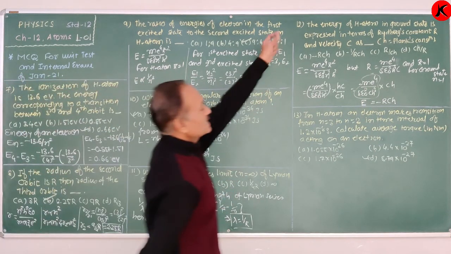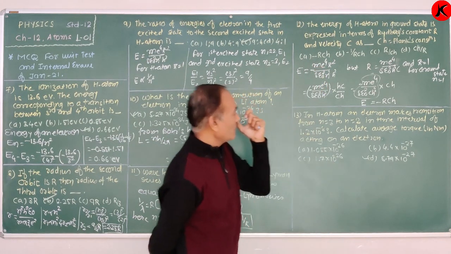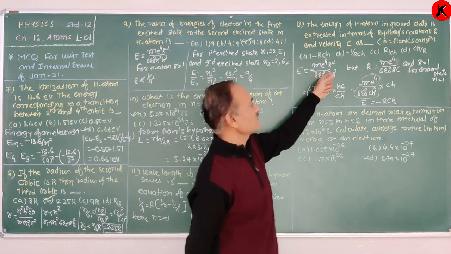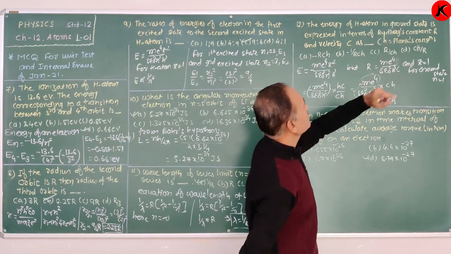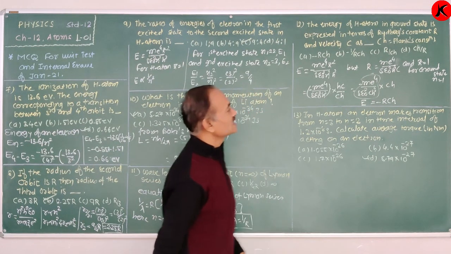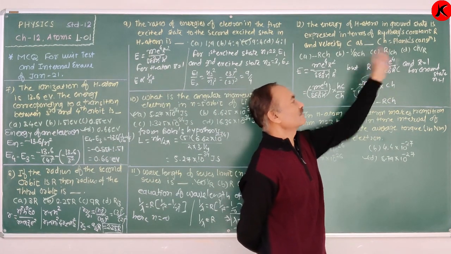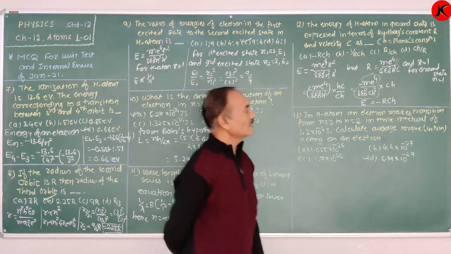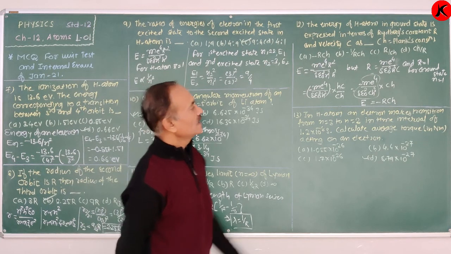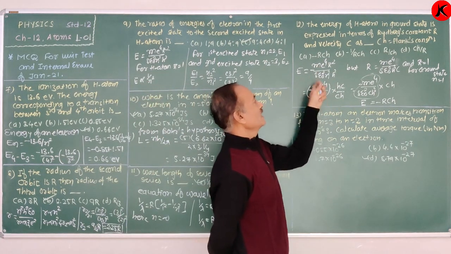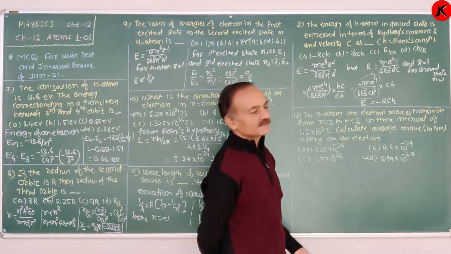Again, the energy of an electron in the nth orbit is minus me⁴ z square upon 8 epsilon 0 square h square n square. For the hydrogen atom, z is equal to 1, and for the ground state, we consider n is equal to 1. And also we know the equation of the Rydberg constant R is equal to me⁴ upon 8 epsilon 0 square c h cube.